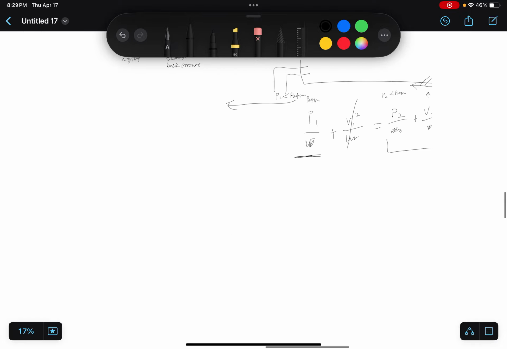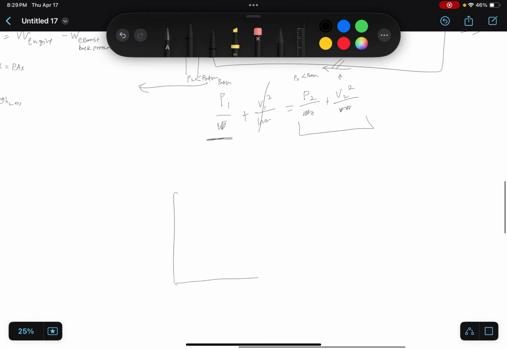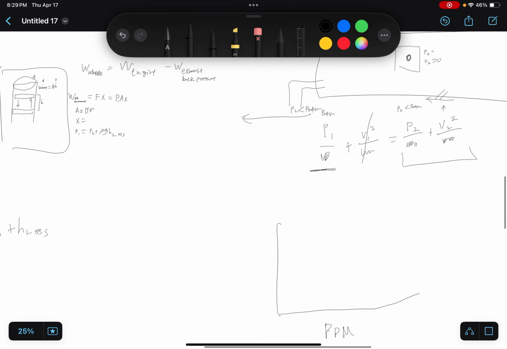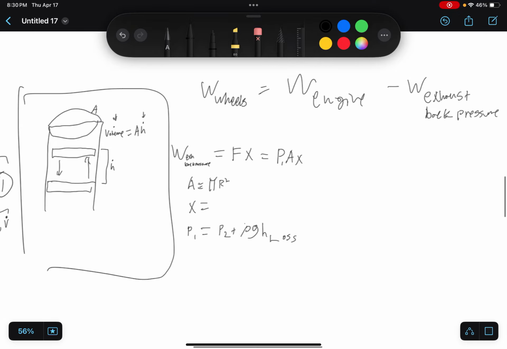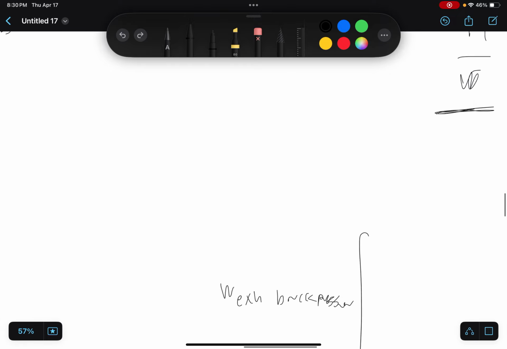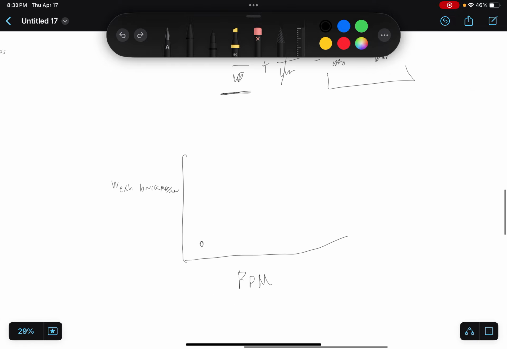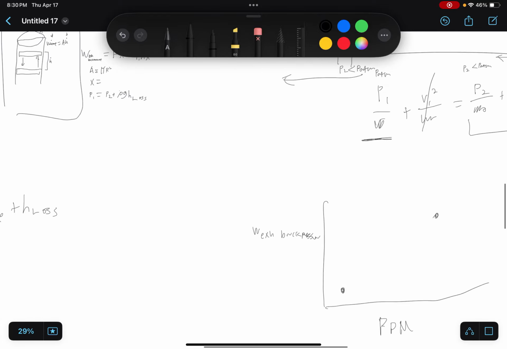So let's make a plot of this. RPM versus, I won't call it P1, I'll just call it the most broad one, which is W exhaust back pressure, this variable. So we said at low RPM, you're going to have a low exhaust back pressure, and at a high RPM, you're going to have a high exhaust back pressure.